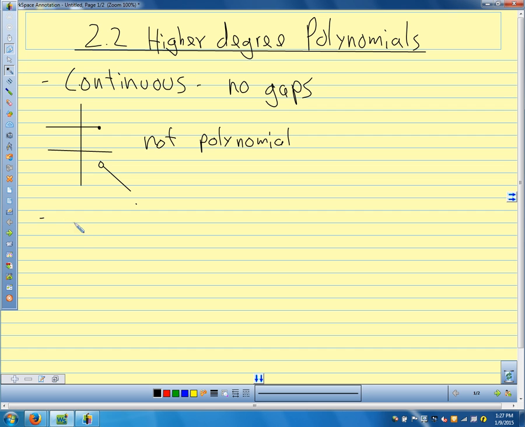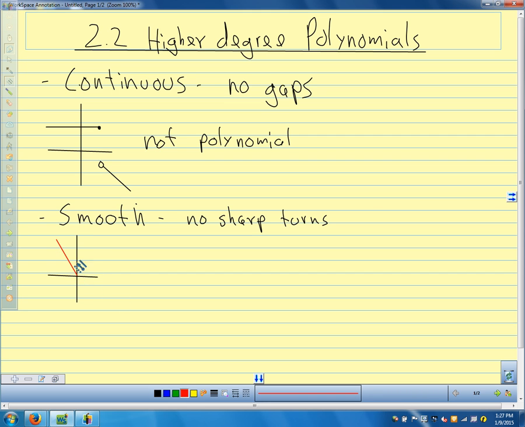And the other important thing about polynomials is our graphs are smooth. So it means no sharp turns. So something like an absolute value graph would not be a polynomial. So if we had something like this, where we have this sharp turn here, the sharp corner, this is not a polynomial.